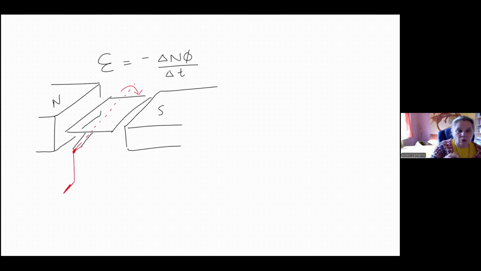Good. Right, now, when I rotate it, what happens to the flux linkage that goes through the area of the coil? I can draw a graph of what happens. Okay, so if I start here, it actually starts with the flux linkage through the coil. Starts at 0, doesn't it?